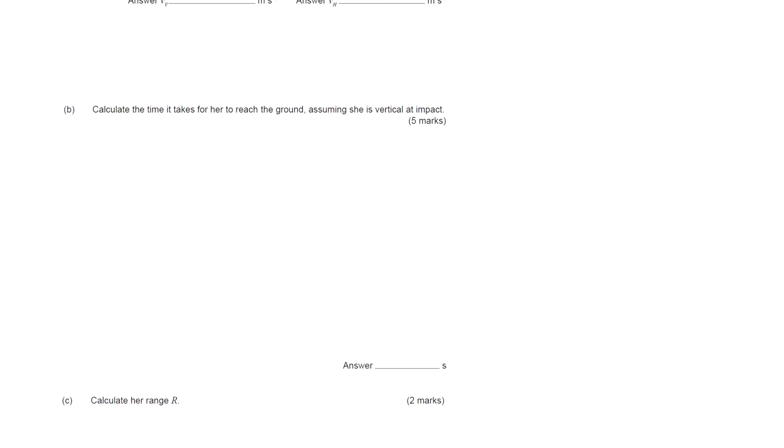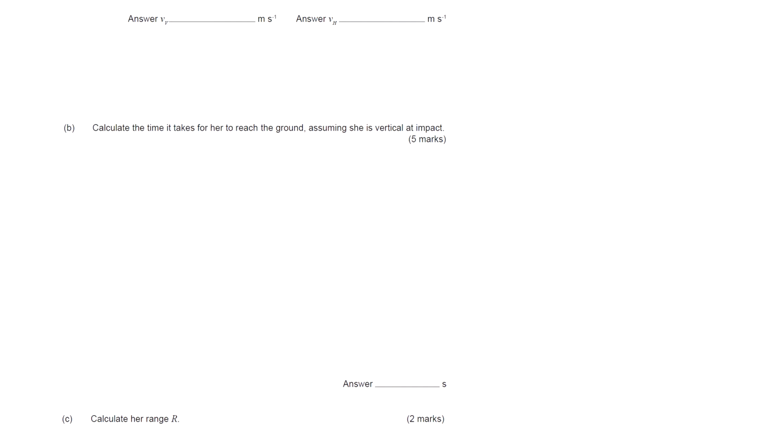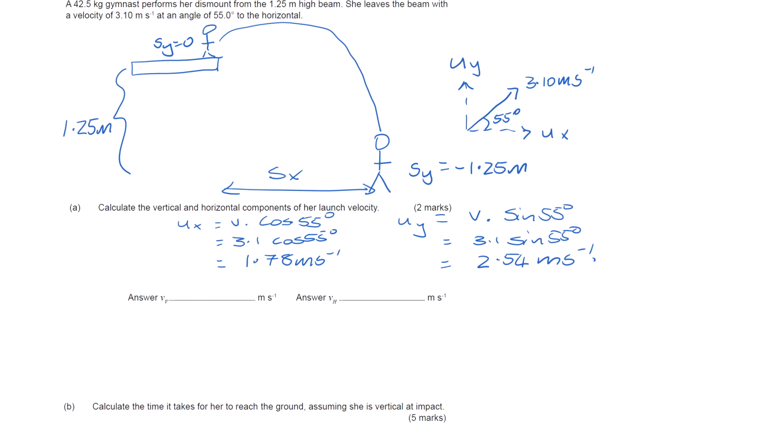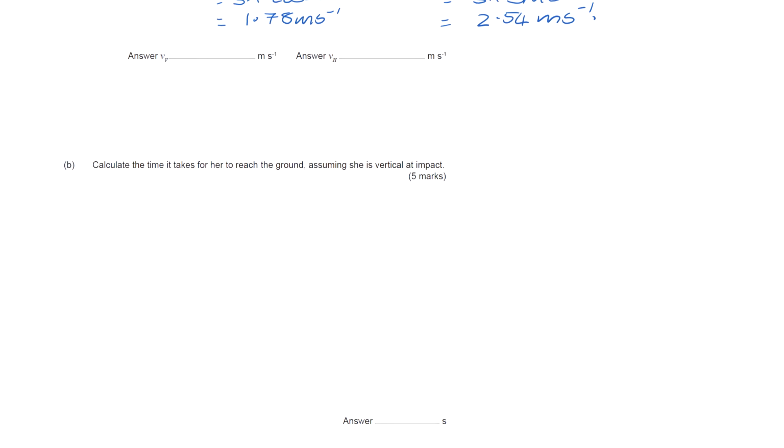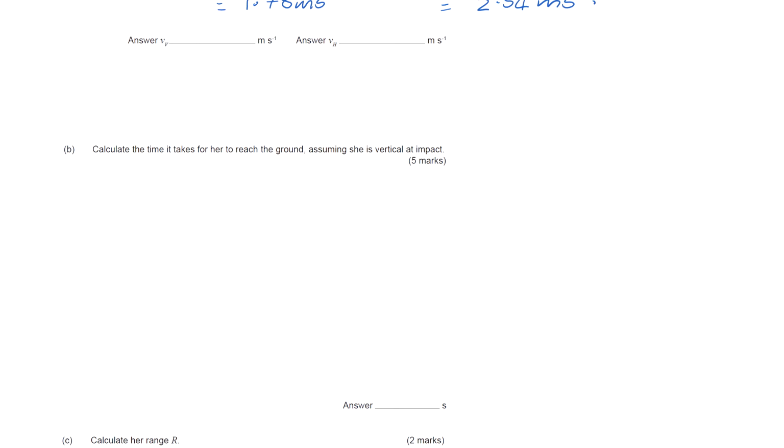Okay, calculate the time it takes for her to reach the ground, assuming she is vertical at impact. So this is where we're going to focus on the vertical components only. The distance she travels downwards is 1.25 meters, and I'm going to put down a negative because it's down from where she started.